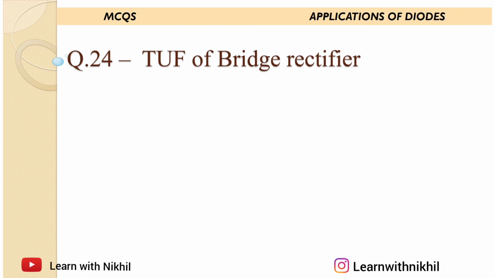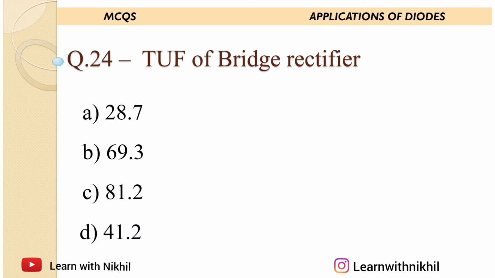TUF or transformer utilization factor of a bridge rectifier is A. 28.7, B. 69.3, C. 81.2 or D. 41.2. And the right answer is 81.2.